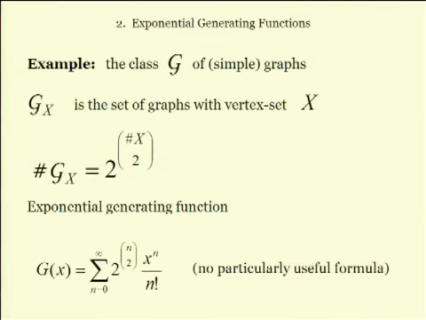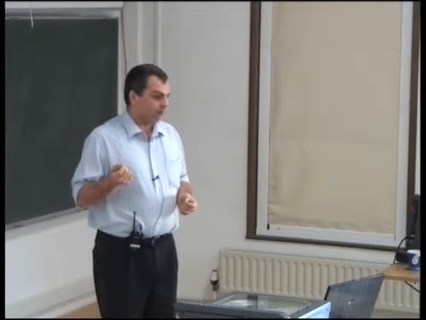Maybe a few examples are in order. The class of graphs is a good starting example. Given a set X, G sub X is the set of graphs with that given vertex set. In this case, I mean simple graphs, so you're not allowed to have multiple edges. If X has n elements, then there are 2 to the n choose 2 graphs on that n-element set, because for each of the n choose 2 pairs, you can either include it as an edge or not.